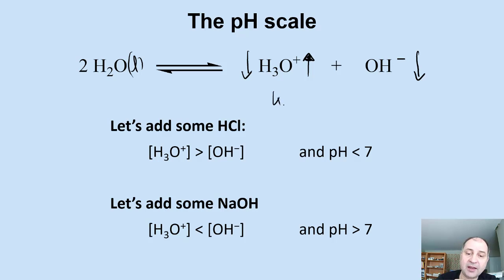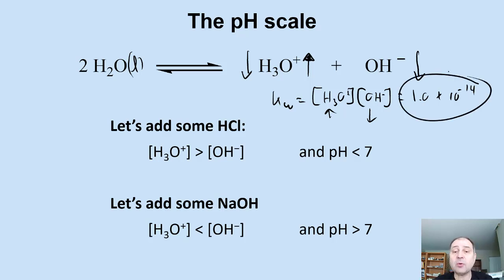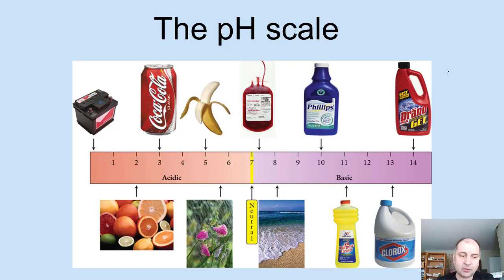Remember that the Kw is equal to the concentration of H3O plus times the concentration of the hydroxide, and this is equal to a constant, which is 1.0 times 10 to the minus 14, so if you're increasing one, the other has to decrease, and vice versa. If your concentration of hydronium is higher, then you have a pH smaller than 7. If your concentration of hydronium is smaller, then your pH is going to be larger than 7, and you end up with a pH scale that looks like this.